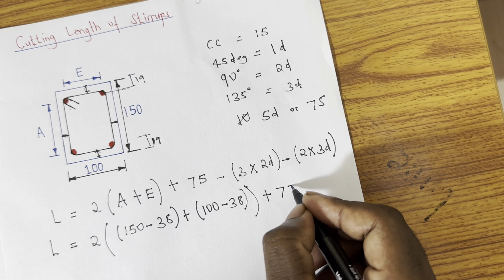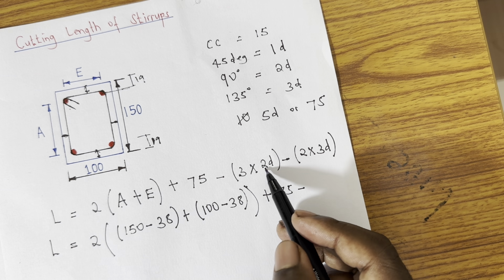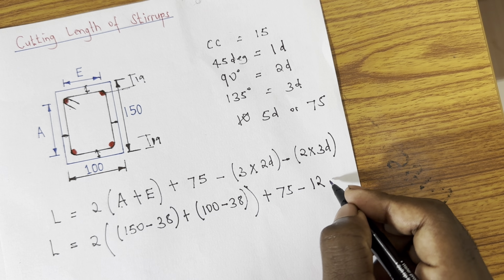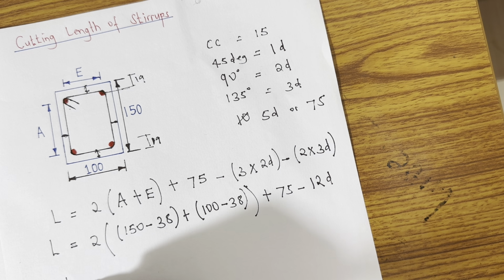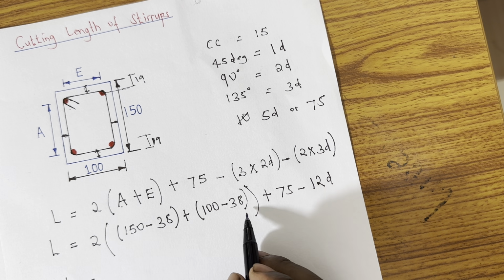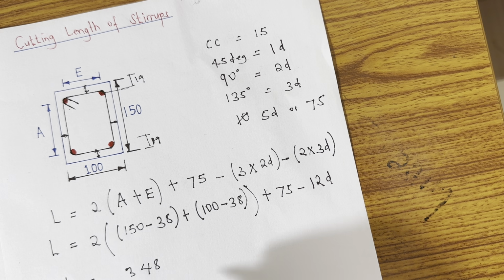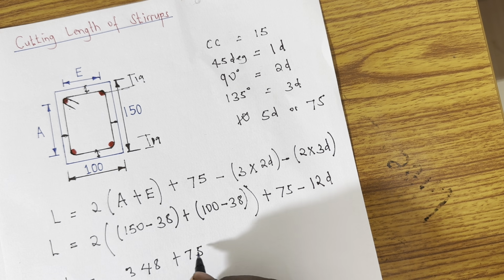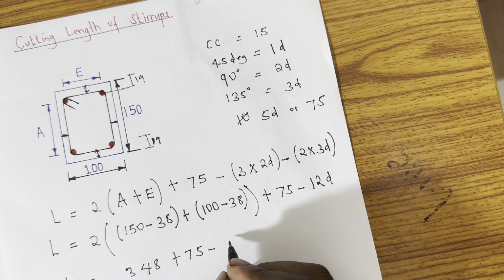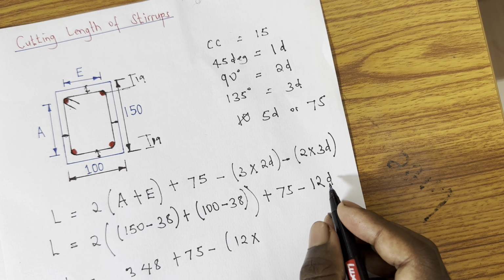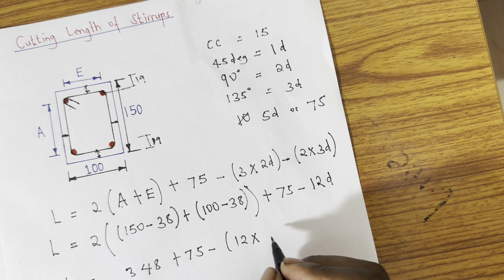So you had your 75, then minus 6D, minus 60, so this is minus 12D. If you calculate carefully, the whole of this bracket is coming to 348. Now plus 75, then minus 72, which is 12 times the diameter of this bar, and this is the stirrup, which is 6.